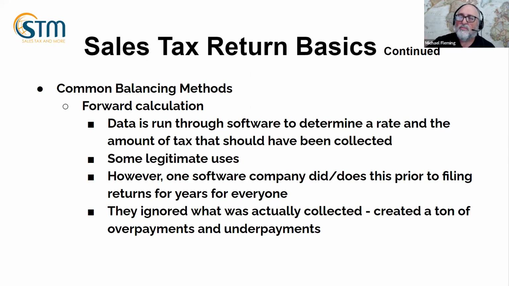And before Amazon started collecting, this was a big issue. Amazon was using Vertex in the background. Vertex had been around for years. They were one of the Cadillacs in the industry when it came to calculating rates. And here you've got this newcomer, TaxJar, and they were saying, well, Vertex was wrong. The rates were wrong.